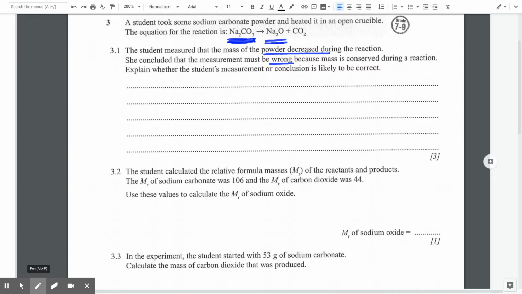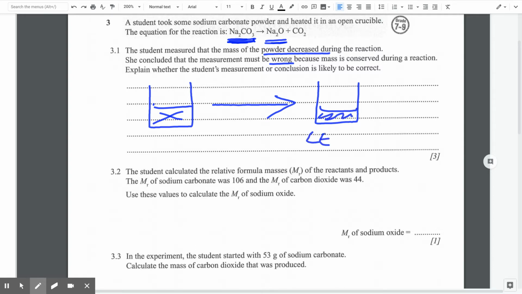If you heat up sodium carbonate, you will be left with some sodium oxide. And what she said is this is less and therefore the experiment must be wrong because it should have been the same as it started with.